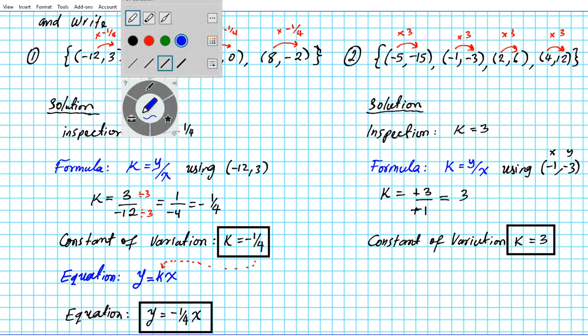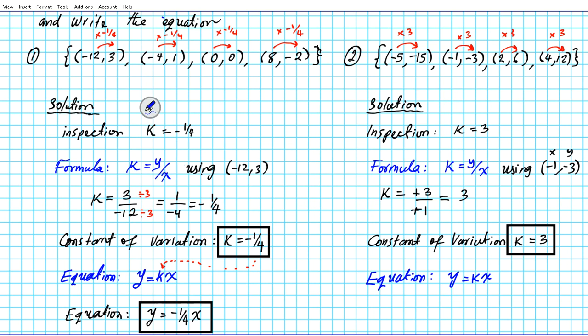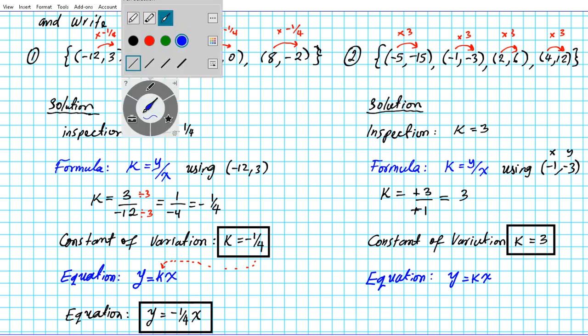Okay, equation. What is the equation? The equation is given by the formula y equals kx. So that's what we are going to be using for this answer.